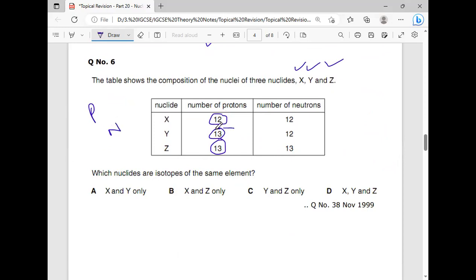So which two nuclides have the same number of protons? Y and Z. And when we look over here, they have different numbers of neutrons. So now which option is correct? Y and Z. Option C is the correct answer. So the basic concept should be there in your mind.